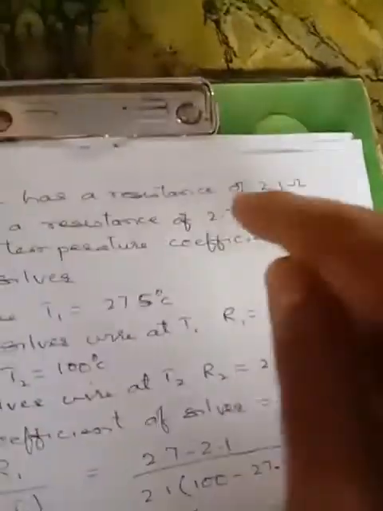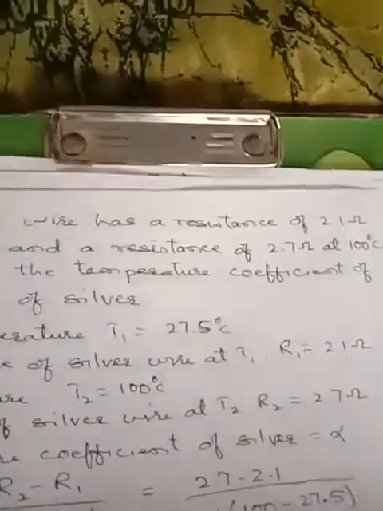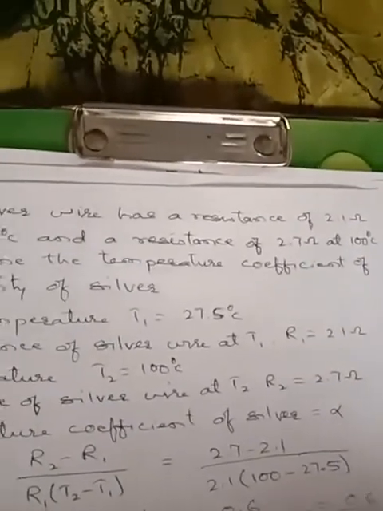So what we have to do: determine the temperature coefficient of the resistivity of the silver. Temperature coefficient of resistivity we have to calculate, means alpha.